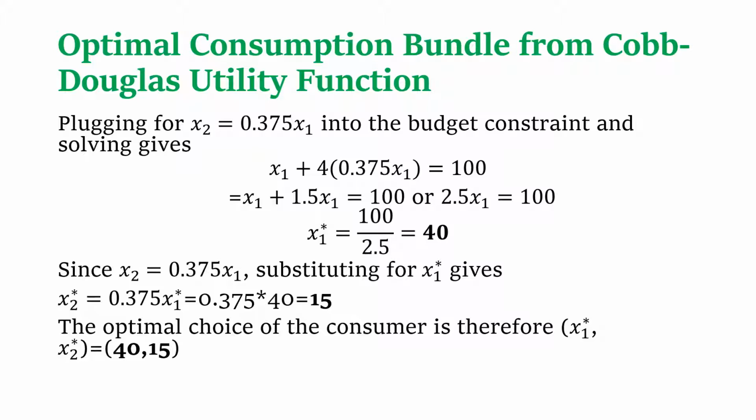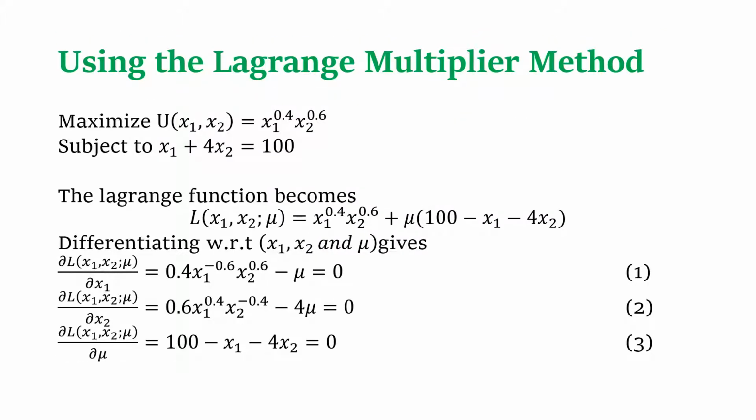The substitution method. Now, if you are not comfortable with this one, let's move on to the Lagrangian, the other method. Now let's use the Lagrangian next in this case. If we use the Lagrangian here, we maximize the utility subject to the budget constraint x1 plus 4x2 equals 100.